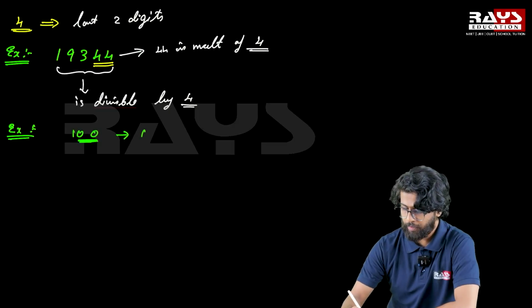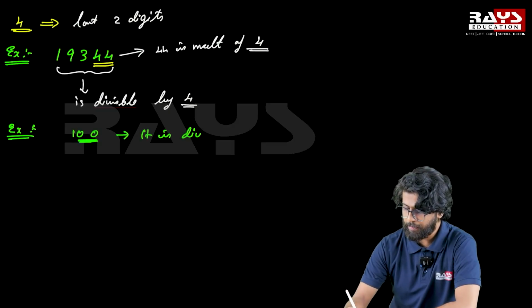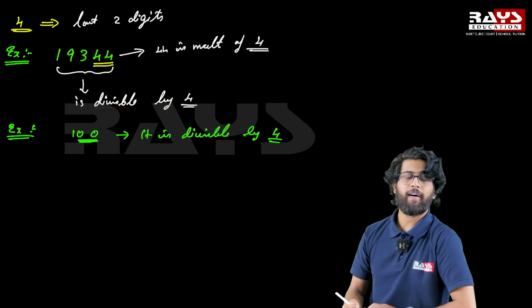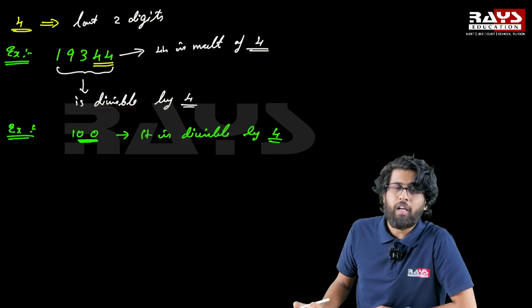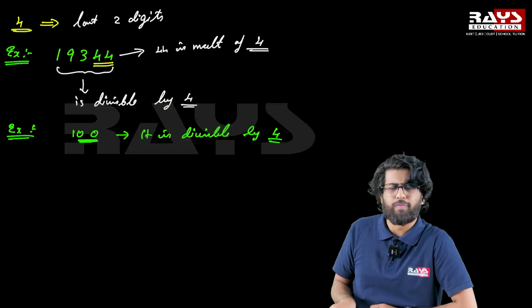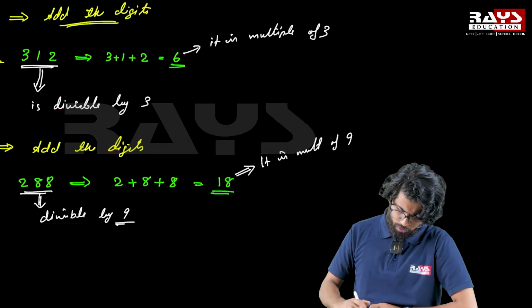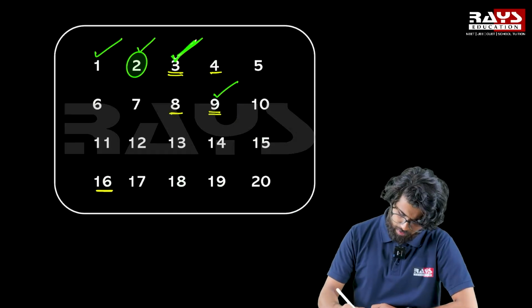It is divisible by 4 because the last 2 digits are 0. No issues. Now 4 we have actually completed, right? Let's give a tick mark to 4.